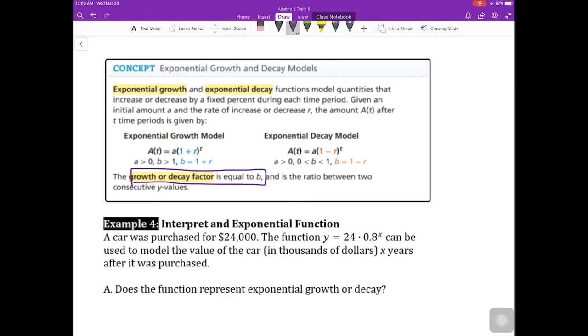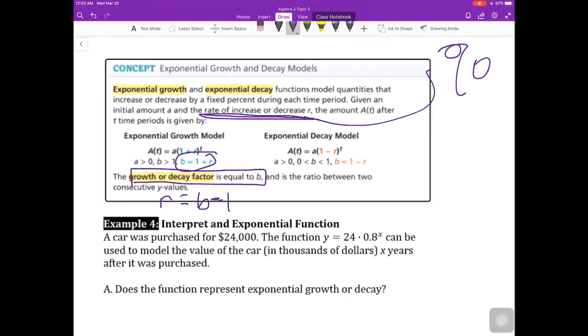But I want you to pay attention to this. The way that you find R, which is the rate of increase or decrease. So that's where we get our percentage from, is that rate. So here, if you're looking at growth, B equals 1 plus R, or R equals B minus 1.